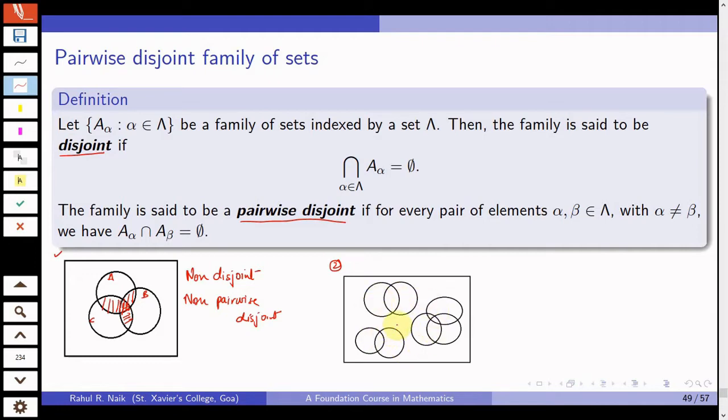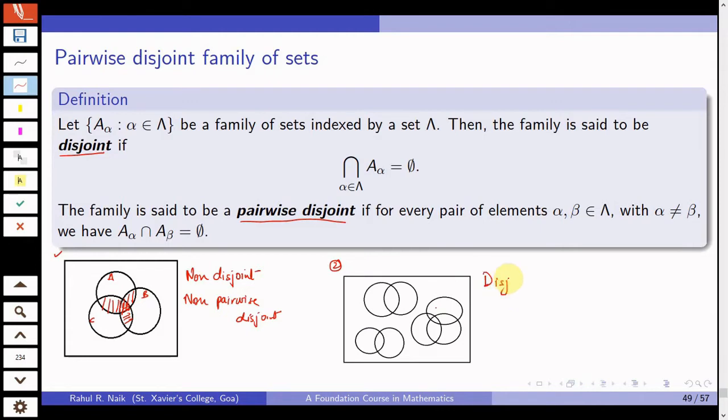So there is no intersection. You can very easily see that there is no common element for this family of sets. So therefore this is disjoint.